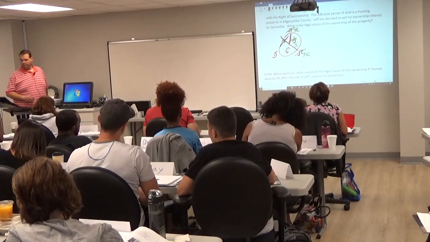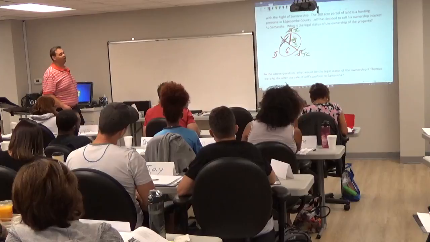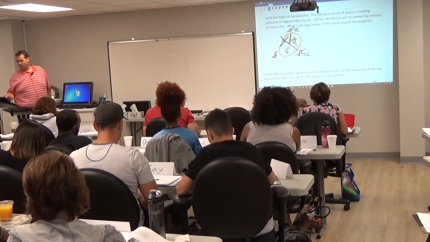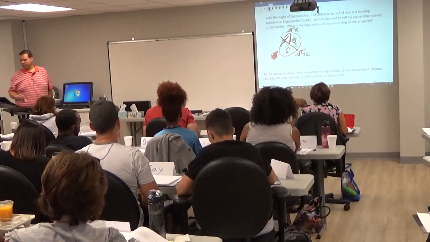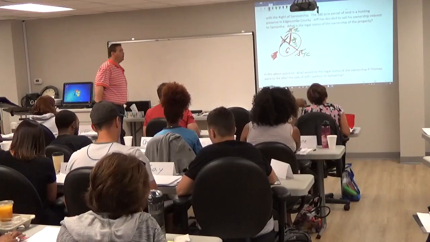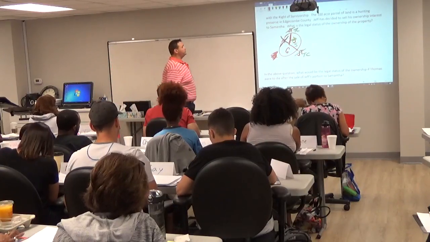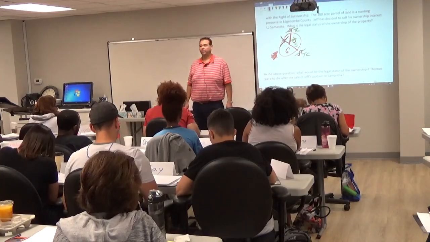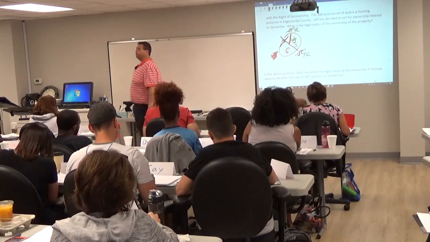George gets Thomas's share, right? Because of the survivorship, and what goes away? The joint tenancy, so what are we left with? Tenancy in common. So now George owns what? 2/3, and Samantha owns what? 1/3, and they're what with each other? Tenancy in common.